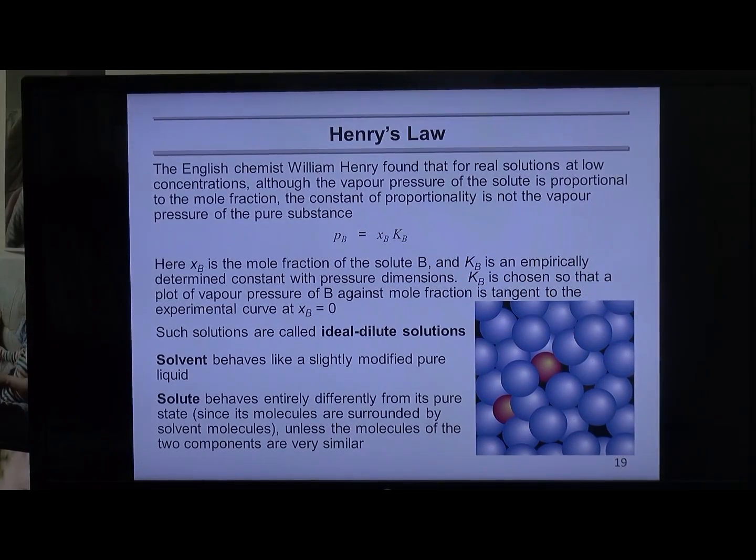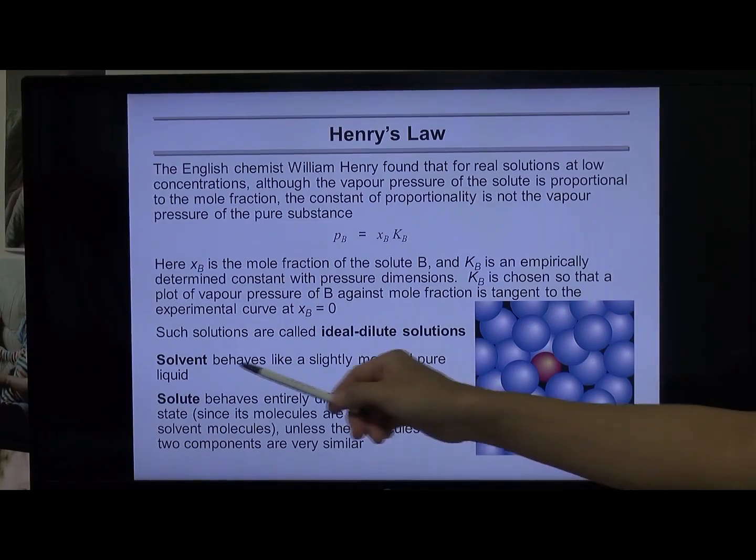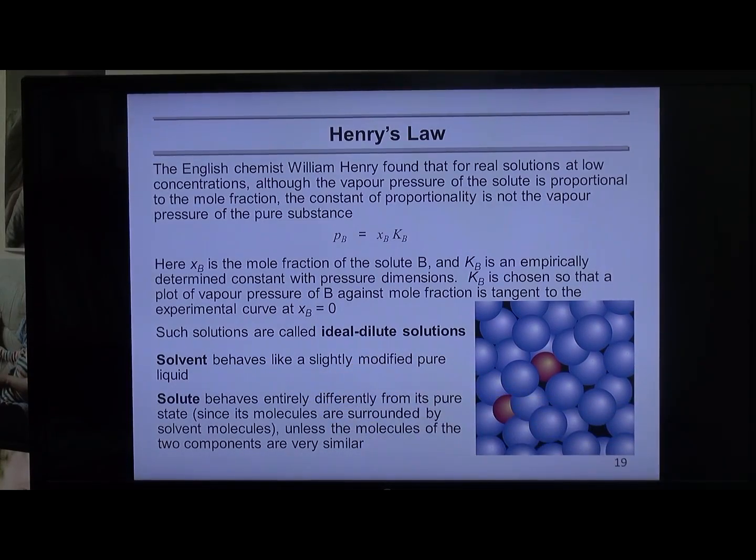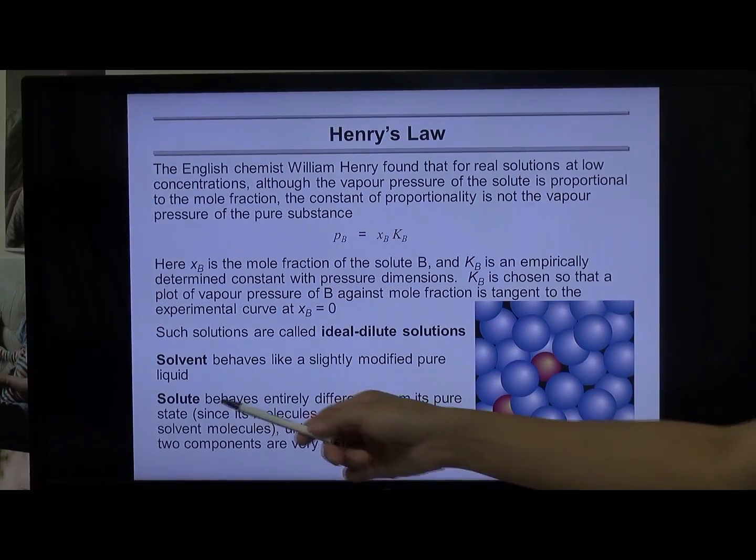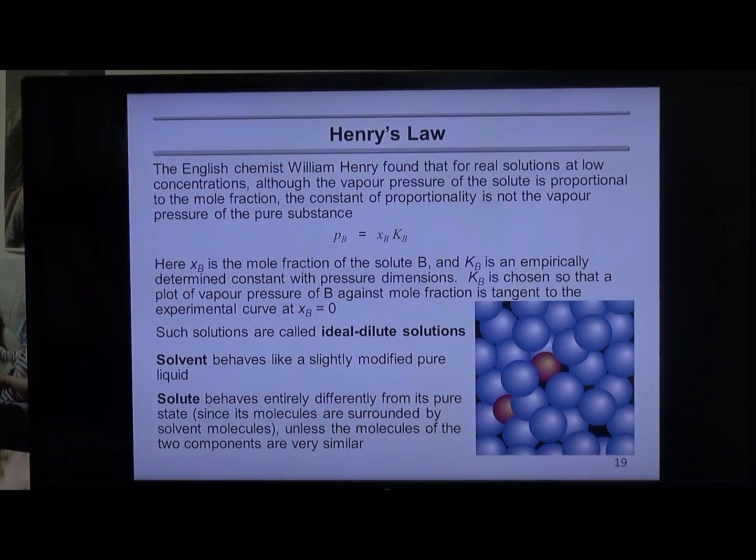You first need to differentiate between solvent and solute. If there are two different materials in a mixture, solvent is the one with more amount, and solute is the one with less. There's a difference between solvent and solute.